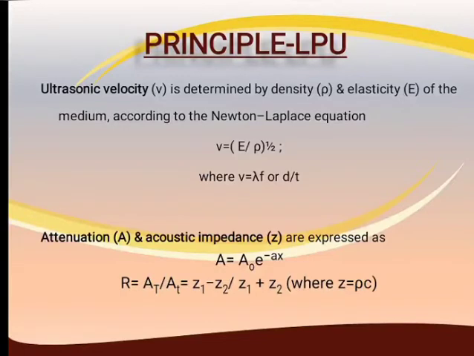So the principle of low power ultrasound is given here. The ultrasound velocity is determined by density and elasticity E of the medium according to the Newton-Laplace equation. Here is the equation, and attenuation and acoustic impedance are expressed as here. You can see it.